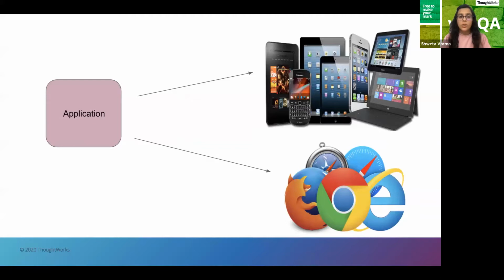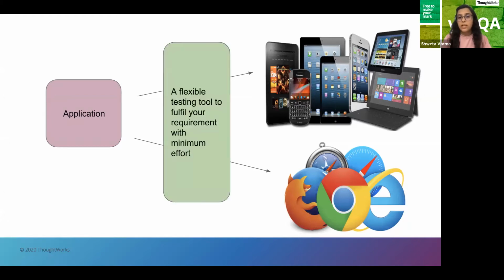As we know that we want our application to work fine with devices and browsers, WebDriver IO is a JavaScript automation testing tool which is built over Node.js, and it gives us the flexibility to fulfill our requirement with minimum effort.